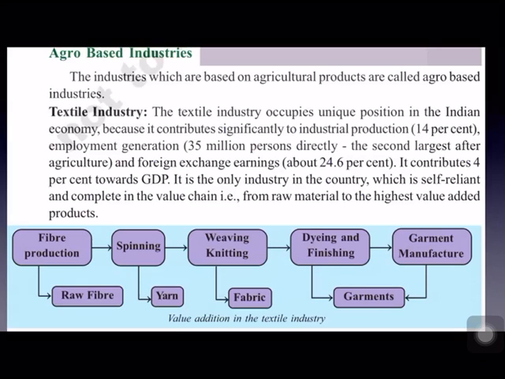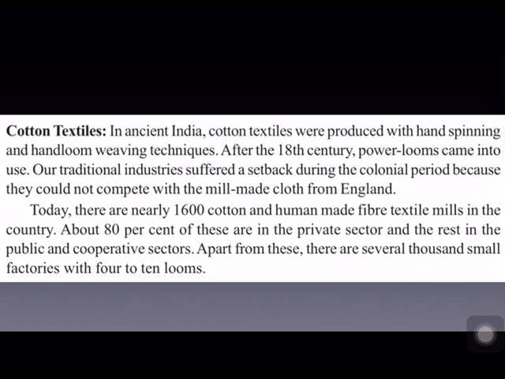In this textile industry itself, all these things are produced. So it is self-reliant and complete in the value chain. From raw material to the highest value added products, everything is arranged within the textile industry only.